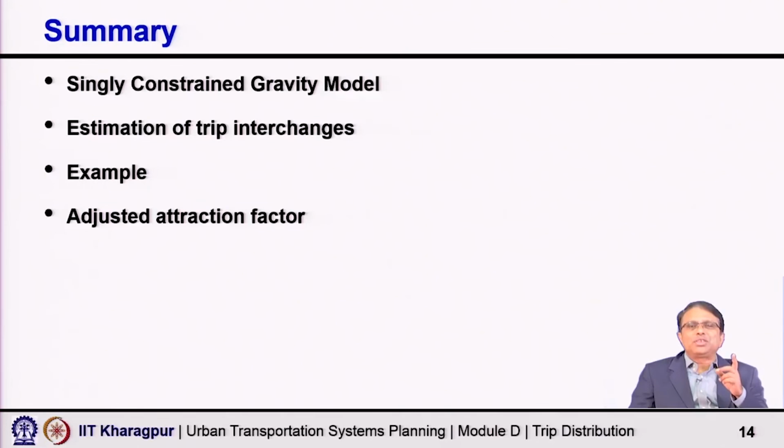Particularly the most interesting point in a singly constant gravity model, this was the production constant model. So, production is satisfied, but the attraction end constraint will not be satisfied automatically. So, we explained to you what kind of balancing or iteration you can do externally to match the other end.